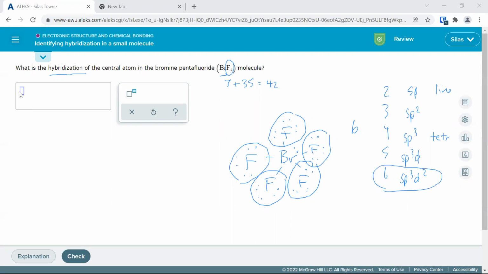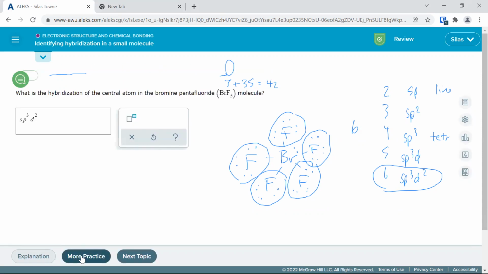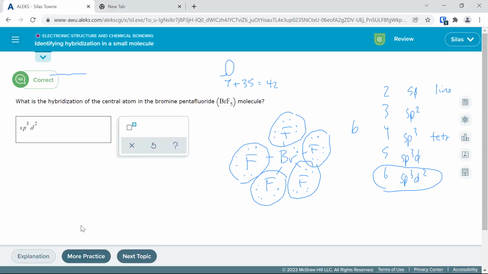So let's put that in. So we have sp3d2. There we go. So remember, this is telling us, so there's 1 s orbital being hybridized. There are 3 p orbitals, and there are 2 d orbitals.